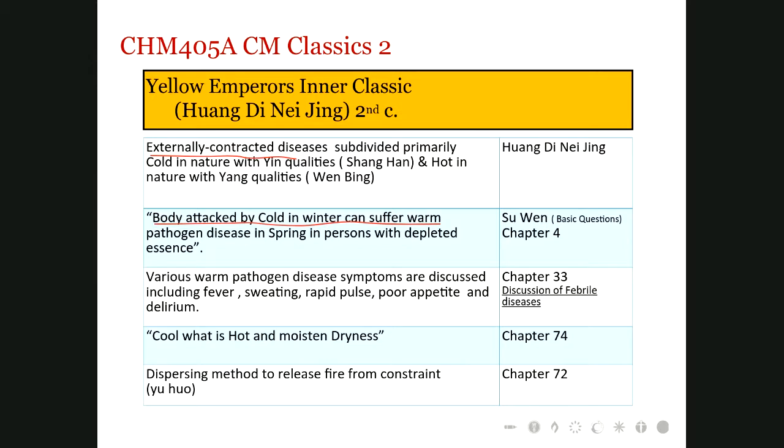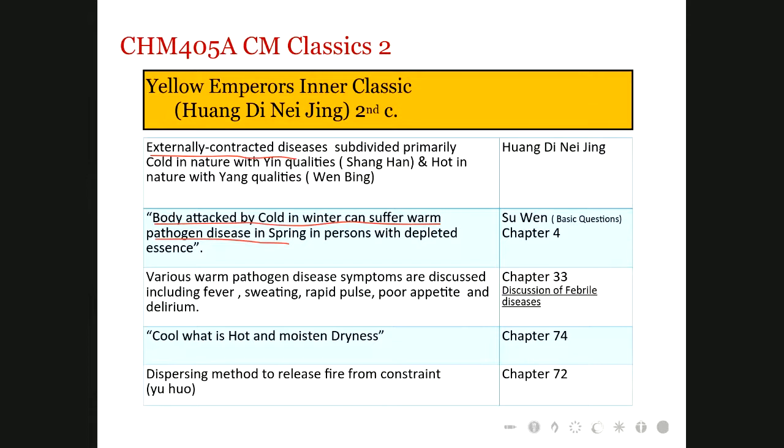This discusses lurking pathogens, where you can be attacked by pathogens one season ahead of when you suffer the condition. Like a herpes virus, you could have it without any symptoms, but once your constitution weakens, you get either cold sores or shingles.